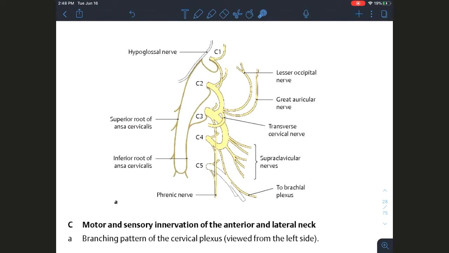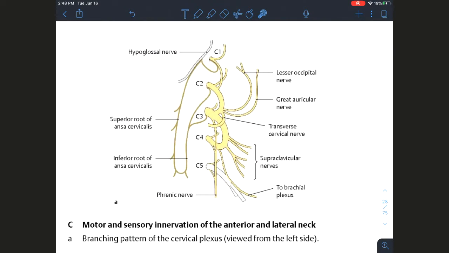Just know that the superior root is off of the ventral ramus of C1, the inferior root is off of C2 and C3, that it's in the carotid sheath, that the motor component of it innervates the infrahyoid muscles, and that's pretty much all I have as far as important information of the ansa cervicalis.